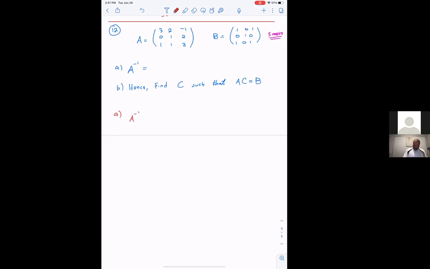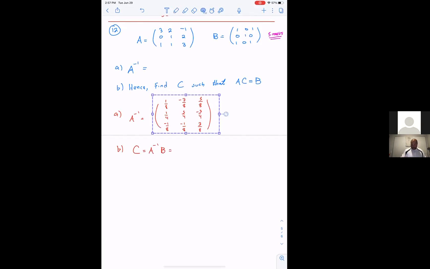So A inverse equals 1/8, -7/8, 5/8, 1/4, 5/4, -3/4, -1/8, -1/8, 3/8. Part B, hence, find C. Well, if you start with AC equals B and you multiply on the left by A inverse, you get C equals A inverse B.